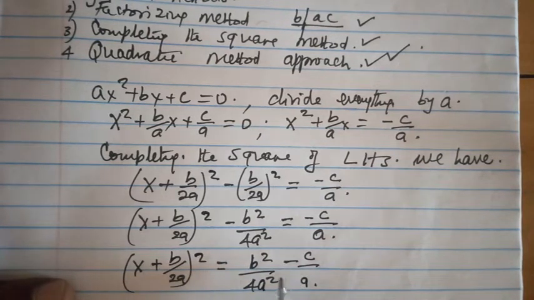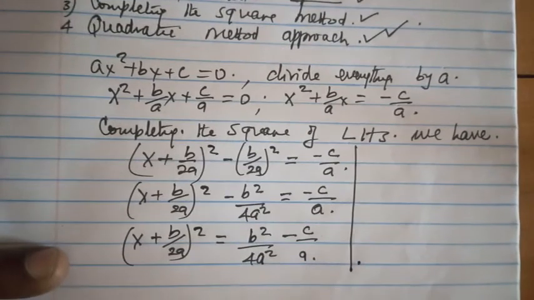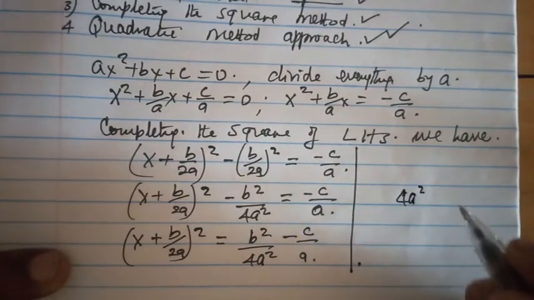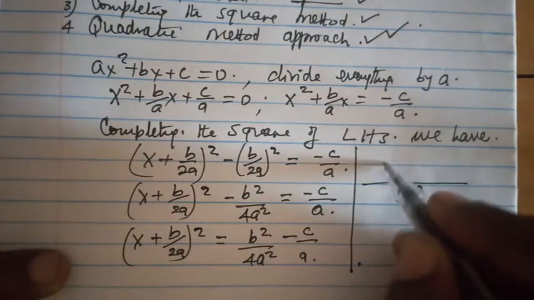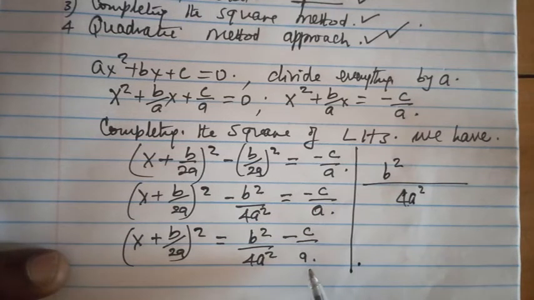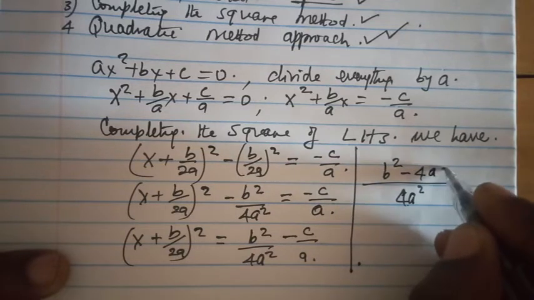These are two fractions that are being subtracted, so we can take the LCM as 4a squared, and then we combine the two. 4a squared divided by 4a squared gives 1, so we have b squared. 4a squared divided by a, we get 4a. 4a times minus c, we have minus 4ac.